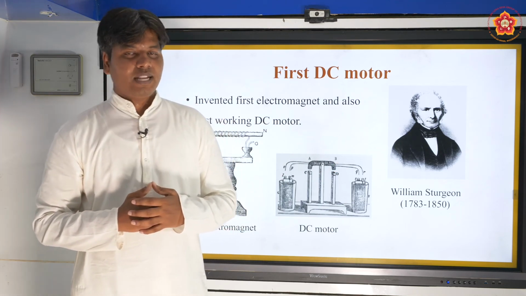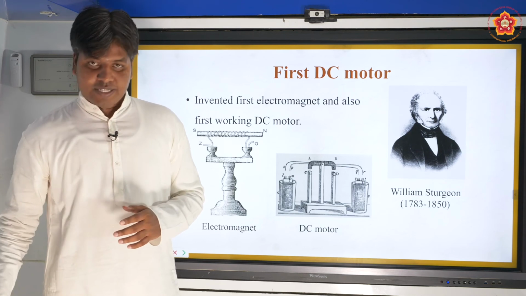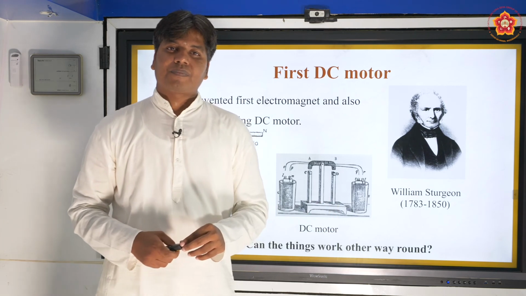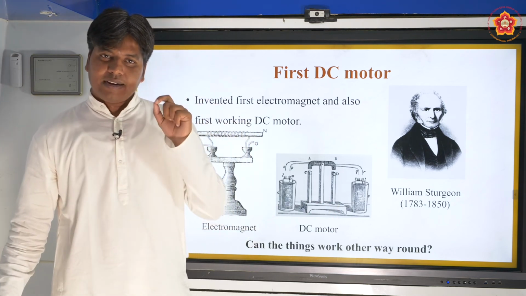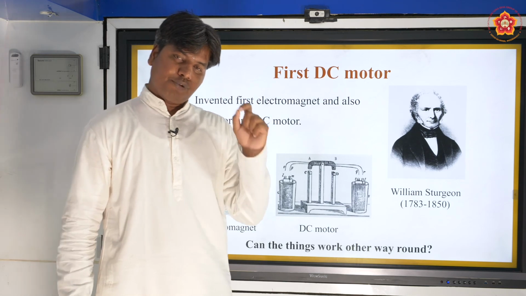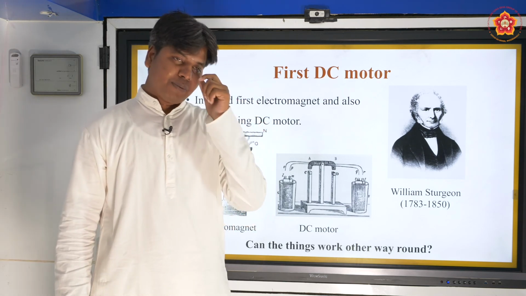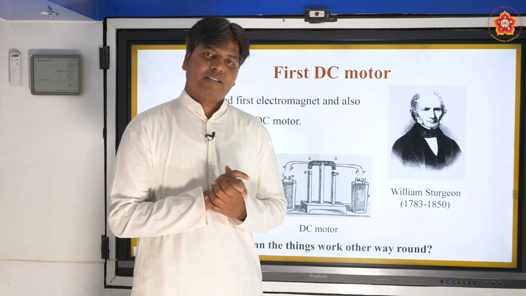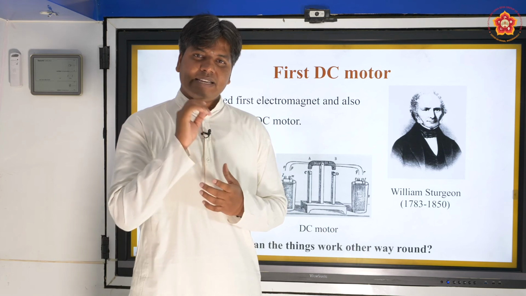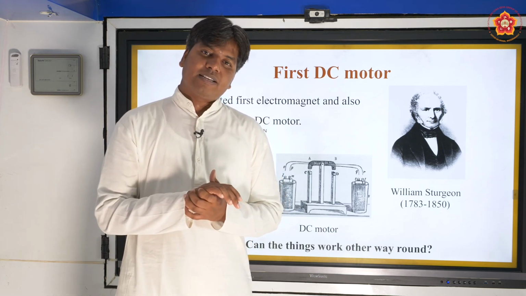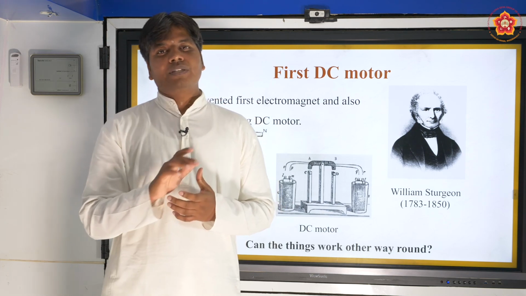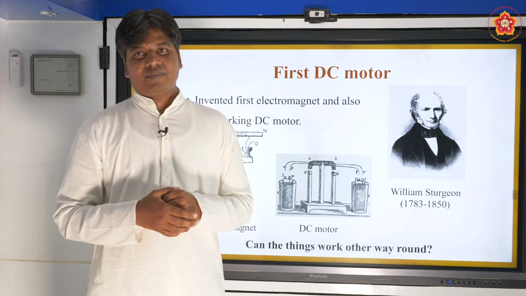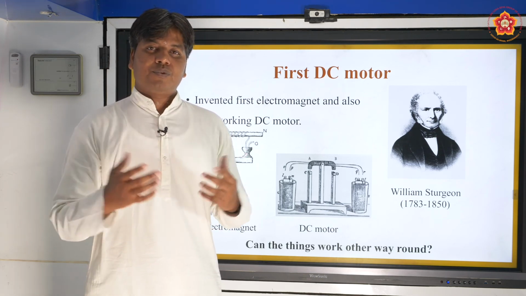Right? Now, one more question is, can things work the other way around? If a current carrying conductor is experiencing a force, if I'm passing the current, if it is producing a magnetic field around it, can a change in magnetic field produce a current? This is the question which they thought was a dumb question, asked by Michael Faraday, a very famous scientist.